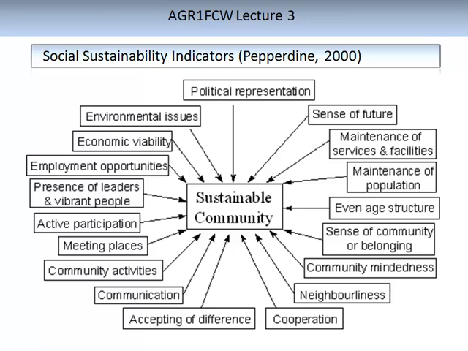I now wish to talk about ethics or social sustainability in agriculture. The following diagram sums up many of the components that make up equity or social sustainability indicators in agriculture. As you can see, many of these will be obvious, like economic viability, the employment opportunities of a society, the presence of leaders and innovative people, the ability to participate in that community, the cooperation, the feeling of neighbours, and a sense of community belonging, which are all very important in social sustainability.